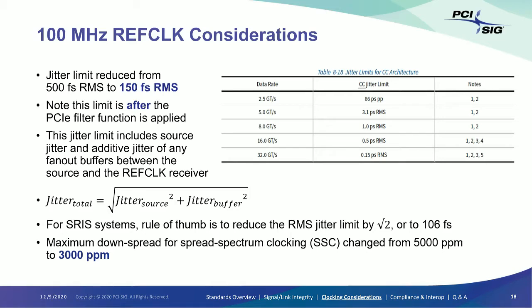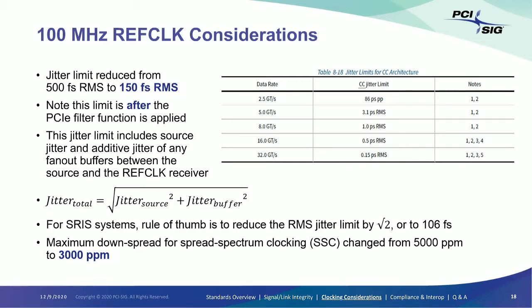It should be noted that this limit is after the PCIe filter function is applied. So if you were to look at different clock sources and buffers in the market, I think almost all that are targeted for PCIe applications are going to give you a jitter specification that does have that filter function applied. So that does help you as opposed to the raw jitter from the clock source.